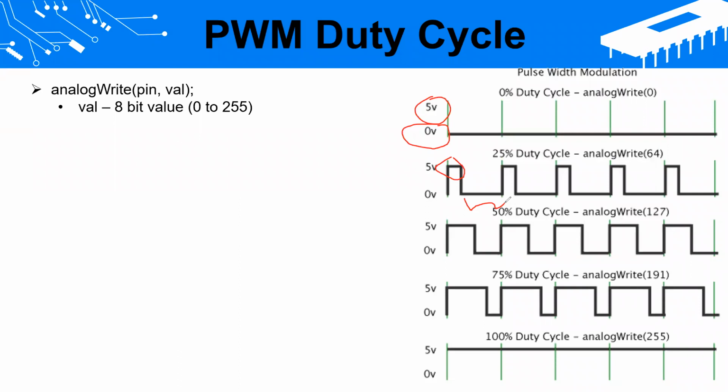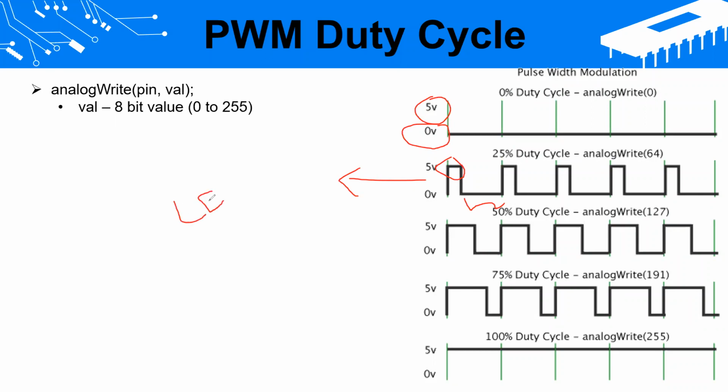We are talking about a 16 megahertz clock. In that case, these pulses will be seen from the analog world as a lowering in the voltage. It's just kind of an illusion.